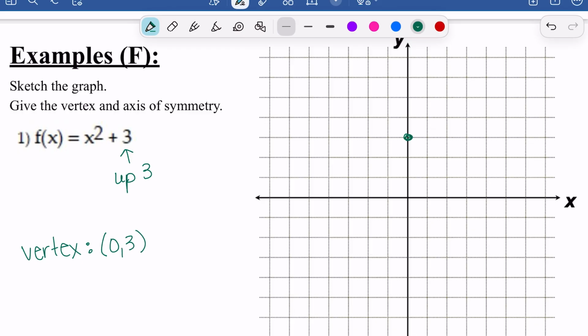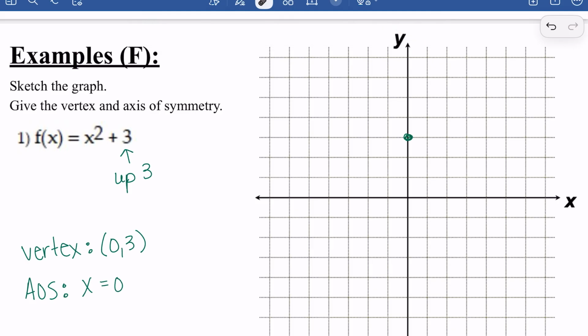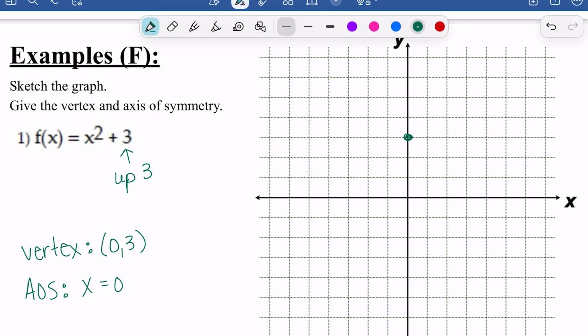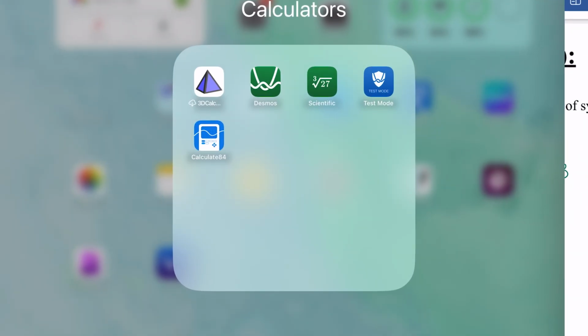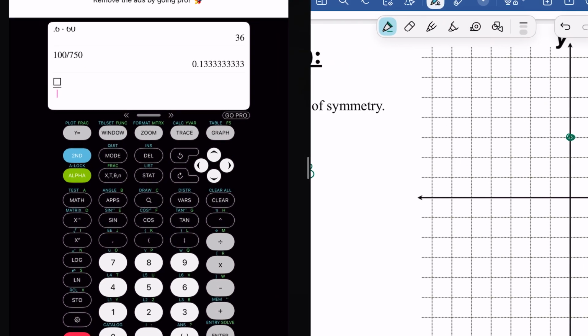And then that means our axis of symmetry should be at x equals 0 because it's always going to be the x value of your vertex. Now, if we wanted to get some more points, we could do that by hand, but I'm also going to show you how you can use your calculator.